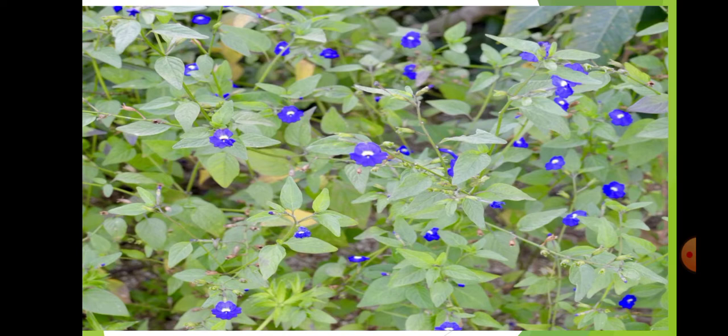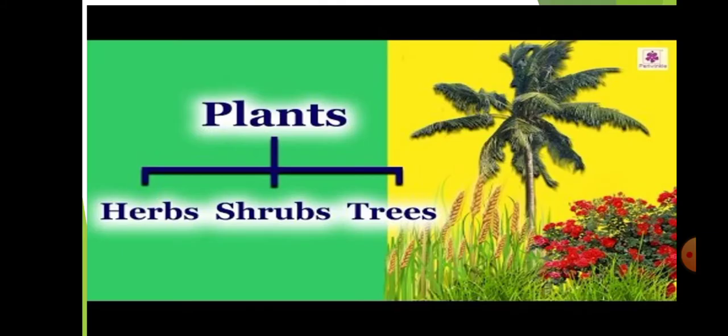In this chapter, we are going to study the variety of plants that are found around us. We are going to categorize the plants according to some of their features. On the basis of their features, we can classify plants into three main categories, and those three main categories are herbs, shrubs, and trees.